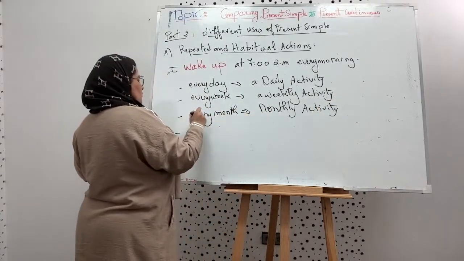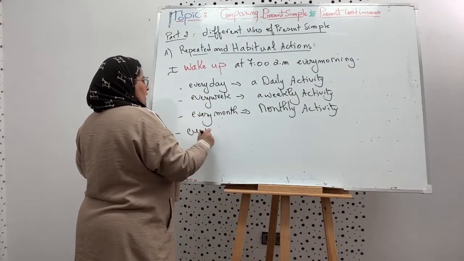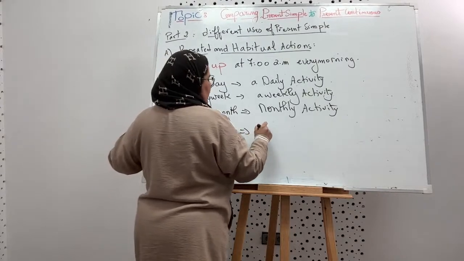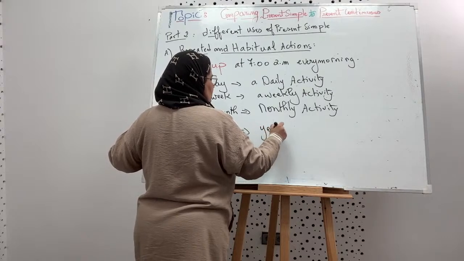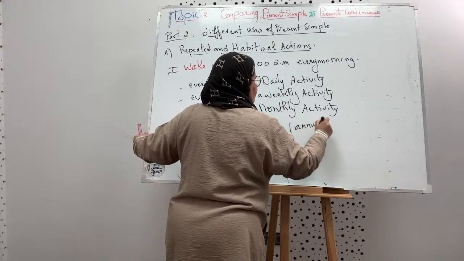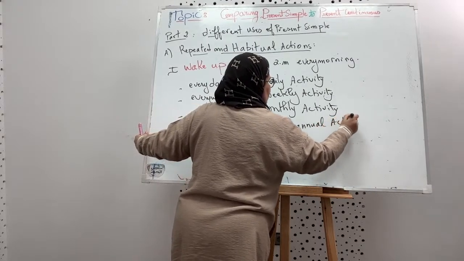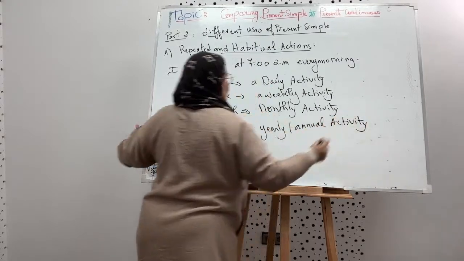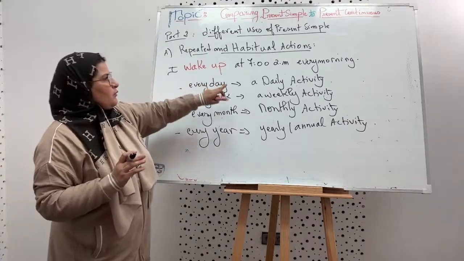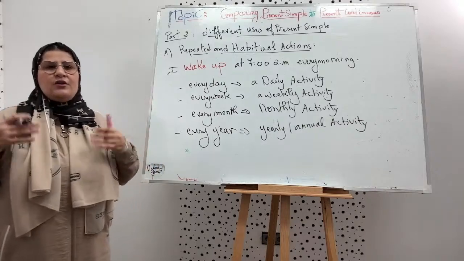Okay, now every year, here we're talking about a yearly activity or an annual activity. So when we talk about our daily activities, we're not necessarily talking about an activity that I do every day.